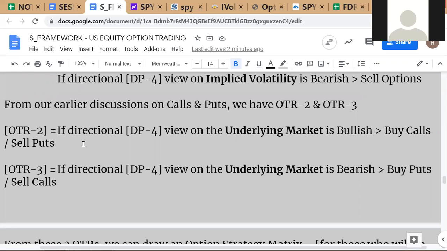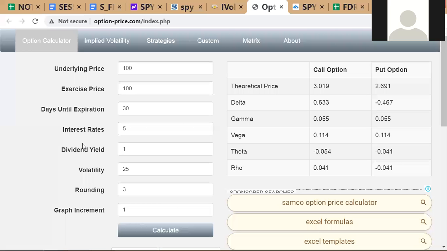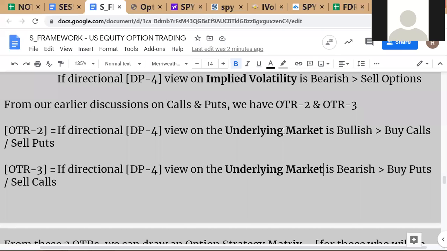Buy calls. Why? If you buy calls, what will happen? Let's say the underlying price, let's look at the price here. Let's look at the exercise price of 100, okay? So the call is 3.02. Why are we saying buy calls? If your view on the underlying market is bullish, you buy calls.